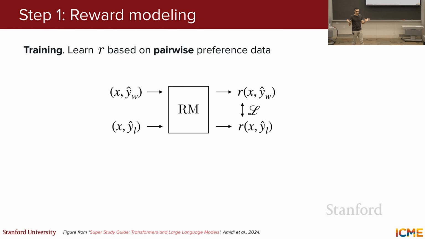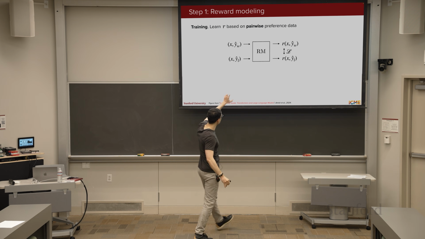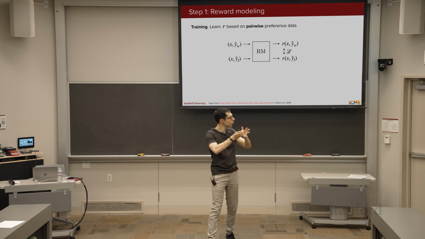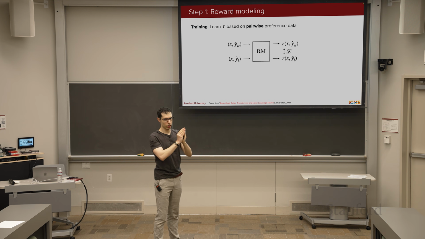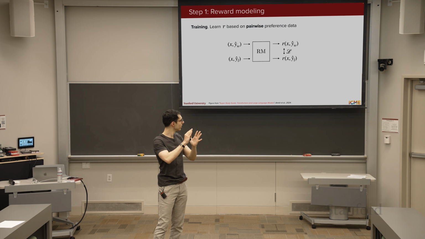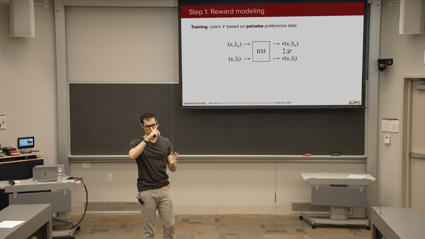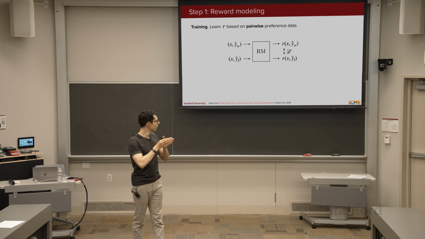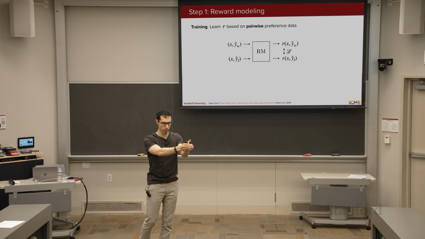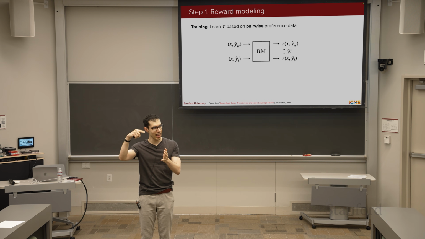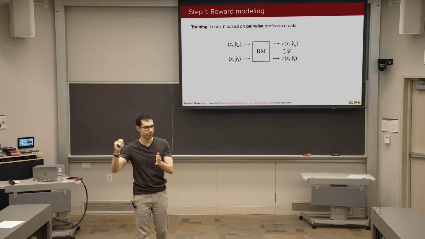So for training, the idea is you have some model that you initialize, and you input, on the one hand, your prompt x and your winning output, y hat w. You put it into the model, and it produces the score r of x and y hat w.